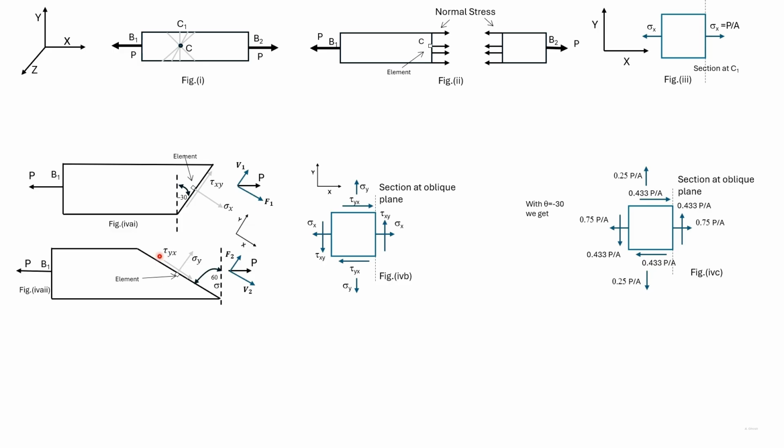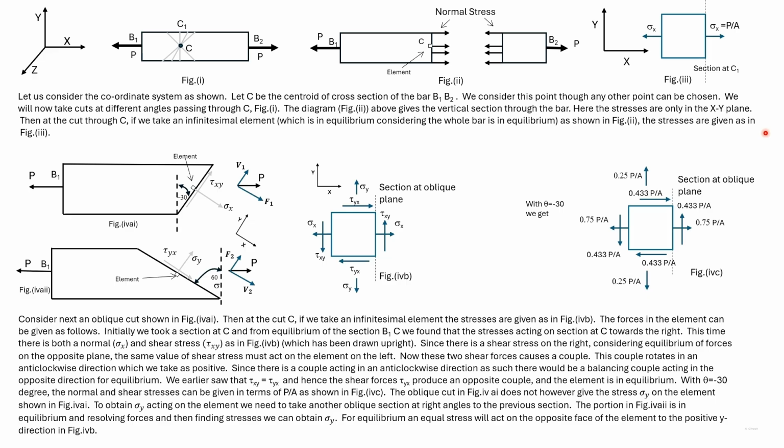F2 divided by the area of this inclined plane will give us sigma y. We have taken this angle as minus 30, minus because it is clockwise from the vertical. Putting in the values of theta, we get these as the stresses acting on the element.